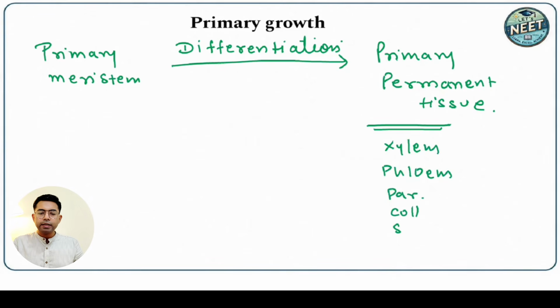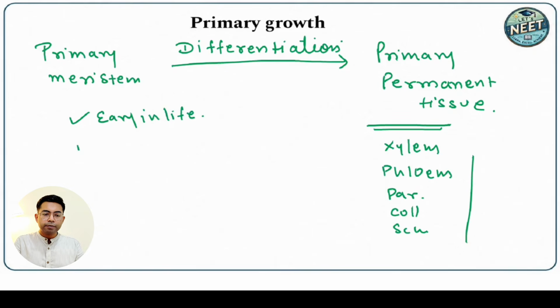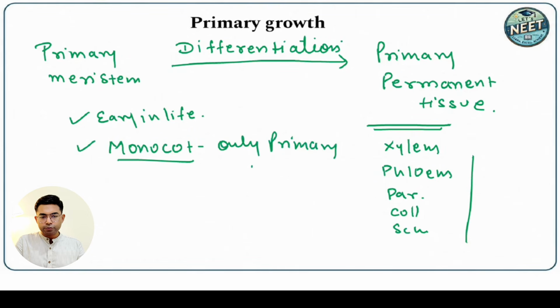All these are examples of primary growth. This point is clear. Now you know that primary growth takes place early in the life of a plant, right? Then we know that in monocots there is no secondary growth. In monocots there is only primary growth. So these are some of the basic points about primary growth.